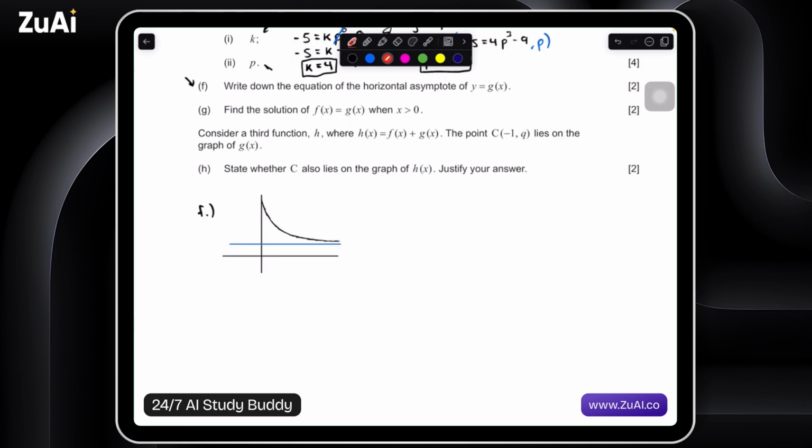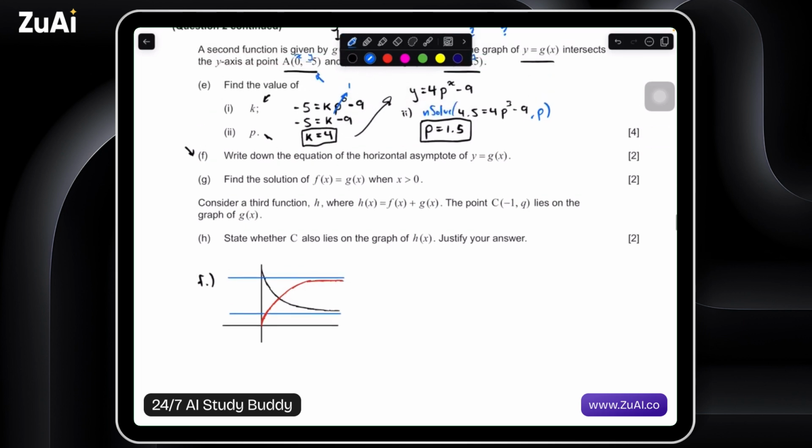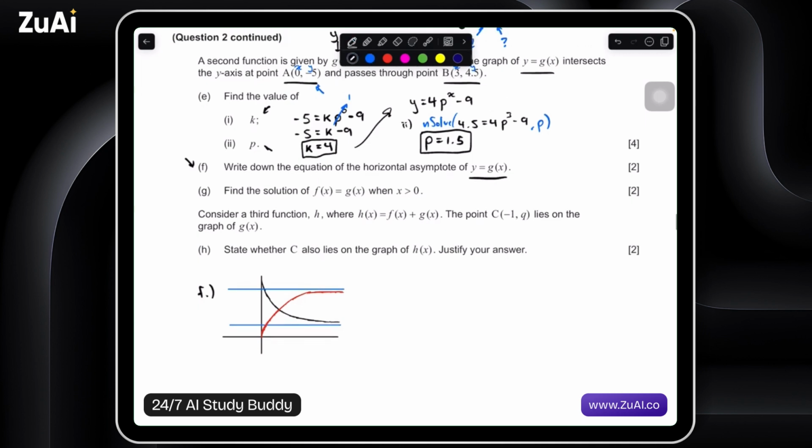They would have some 0 point of their initial speed, and then after a while they would reach what's called terminal velocity, and then again there would be some point that they would approach but never reach. This is what's called a horizontal asymptote. In this case, what is the horizontal asymptote of this function y is equal to g of x? What is the line that we approach and never reach?